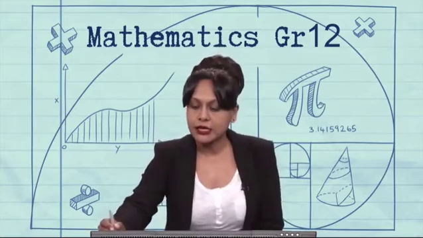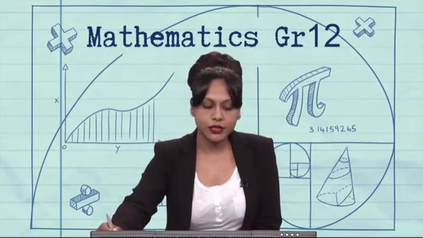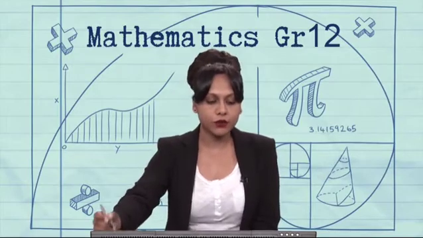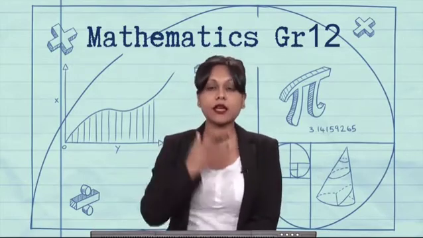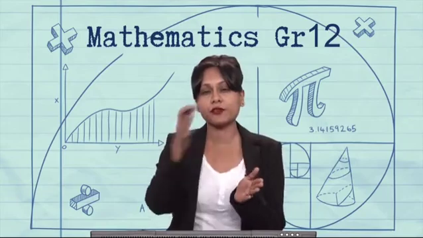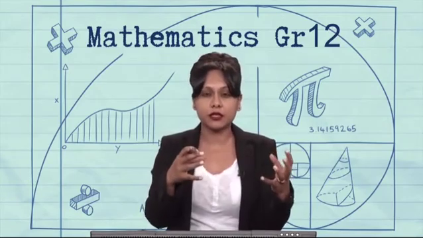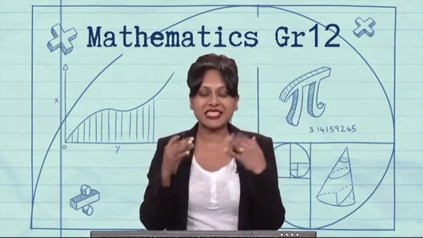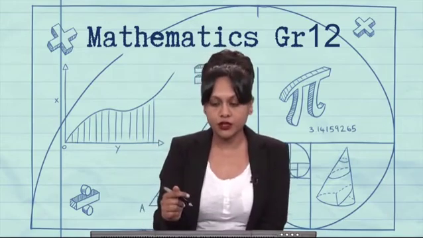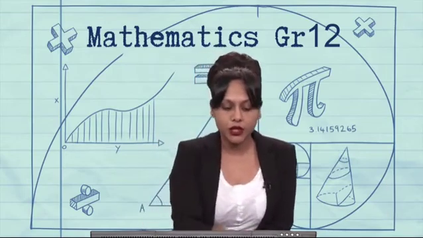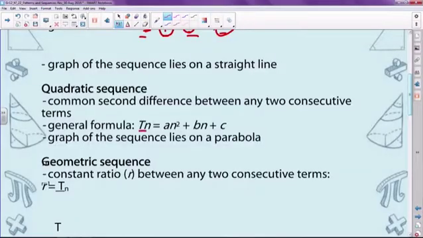Then one of the sequences you learned in grade 11 was the quadratic sequence, and there you saw that there wasn't a common first difference between terms, as in the case of arithmetic sequences, but there was a constant second difference between any two consecutive terms. The general formula was Tn equals an squared plus bn plus c, and if we graph this sequence, it would lie on a parabola, or a quadratic function.